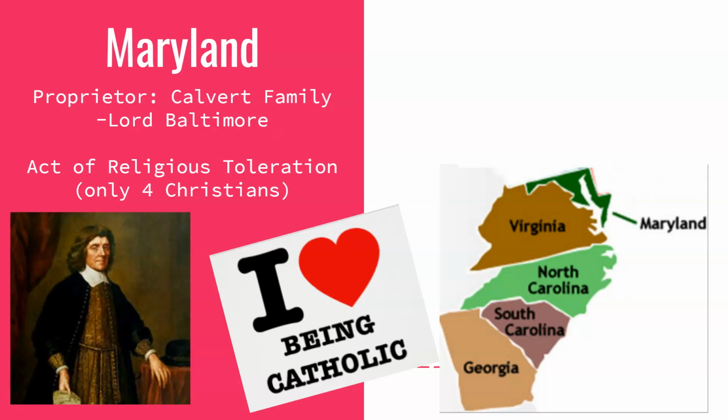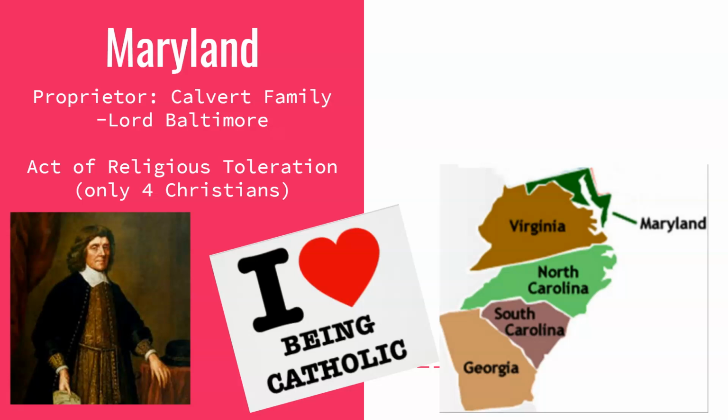Something unique about Maryland is they have the Act of Religious Toleration, which gives religious toleration for all Christians, so Catholics and Protestants, but it did not extend religious toleration to Jews or to atheists or anybody else. So it's pretty good, but not exactly total religious freedom.